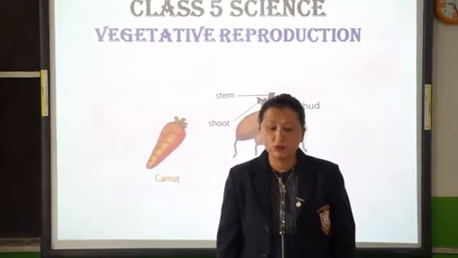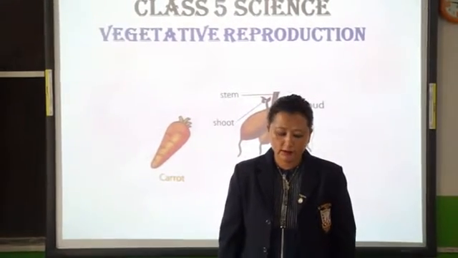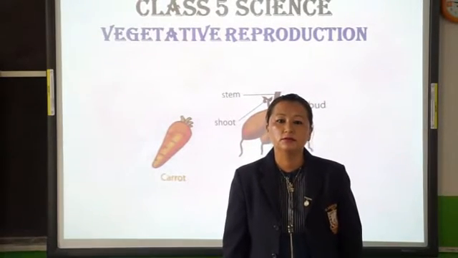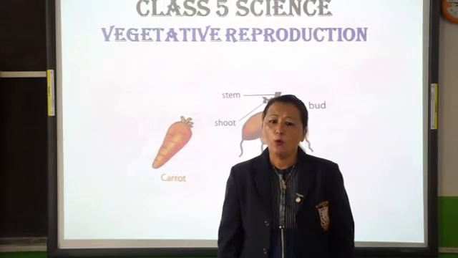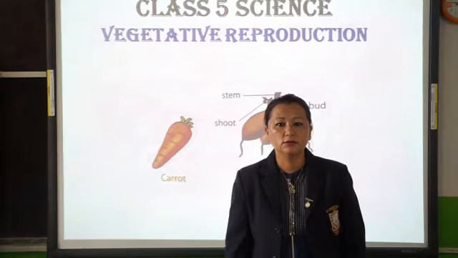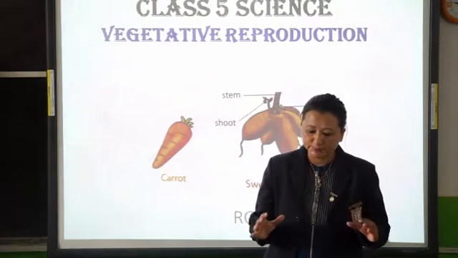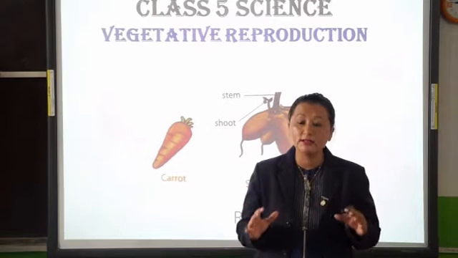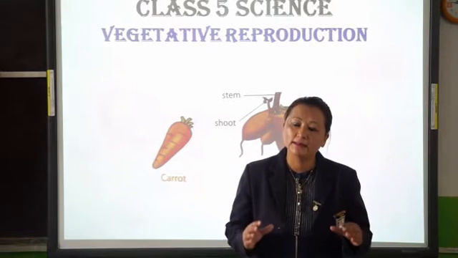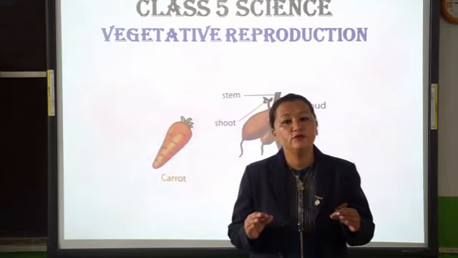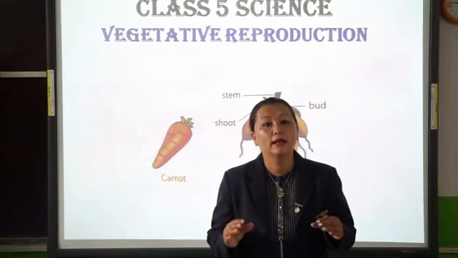If you remember, children, in our previous class, we spoke about reproduction. So what is reproduction? It is the process by which living organisms produce new individuals of their kind.